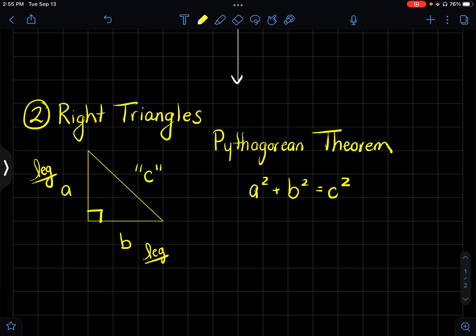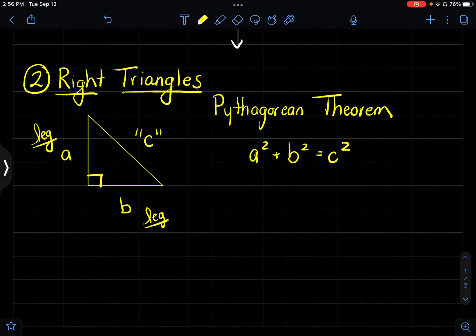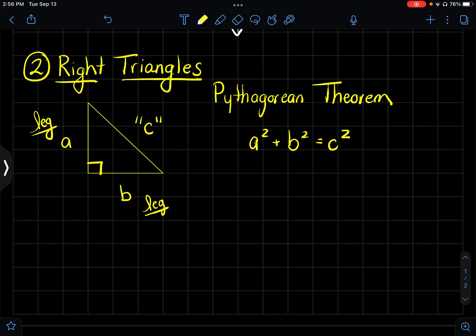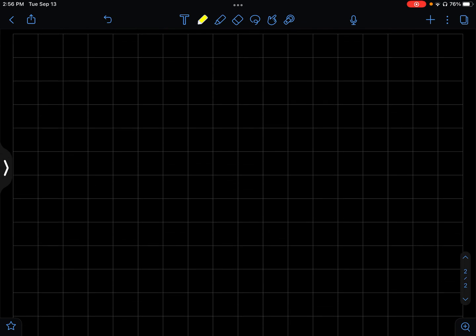That's the relationship between all 3 sides and the tool that we're going to use when we talk about the right triangle method. If any of this does not sound familiar, I would recommend looking up the Pythagorean theorem. I will also be more than happy to go over any of this in class. So let's take a look at what it looks like on the coordinate plane.